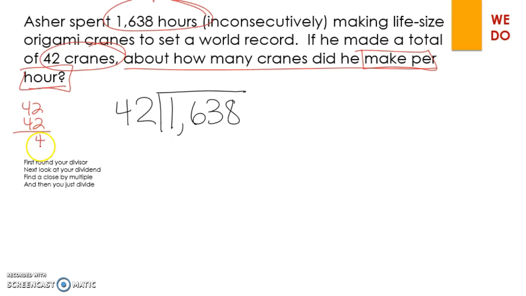And I'll say, okay, well, I know that 42 plus 42 is 84. And I think that if I added one more 42, it might be pretty close to 163. So I'm going to try it. I'm going to put a 3 here and say, okay, 42 probably goes into 163 3 times. And then I'm going to multiply. Okay, 42 times 3 is what?